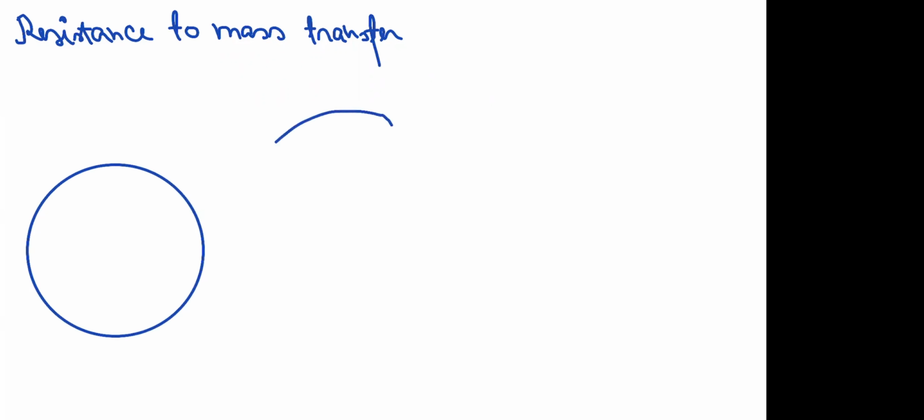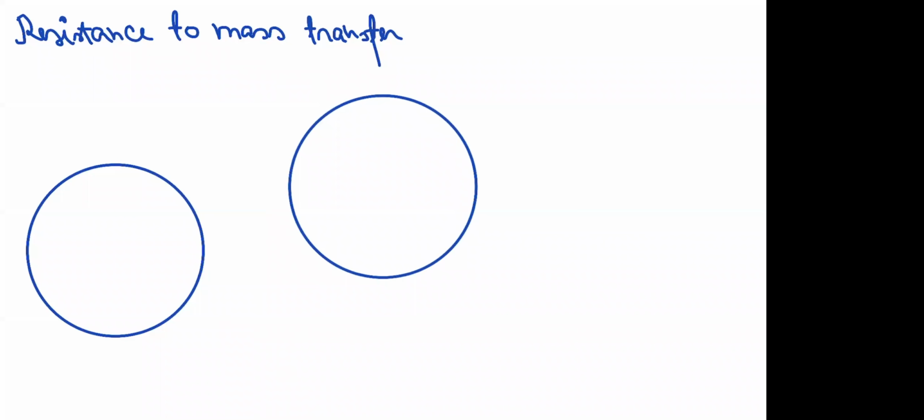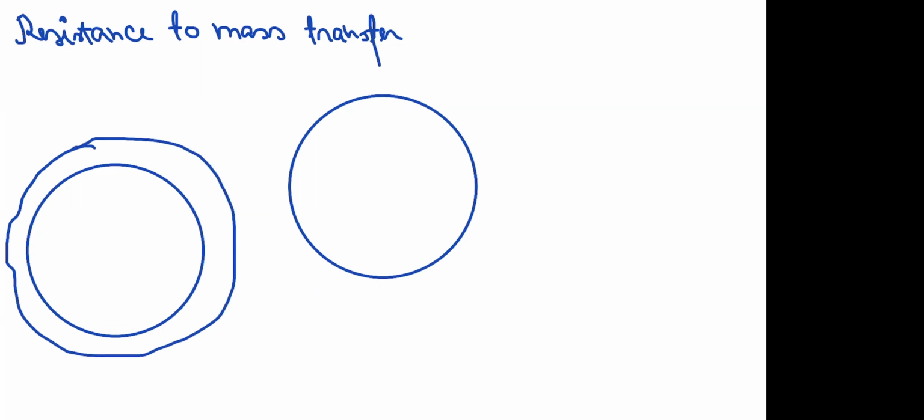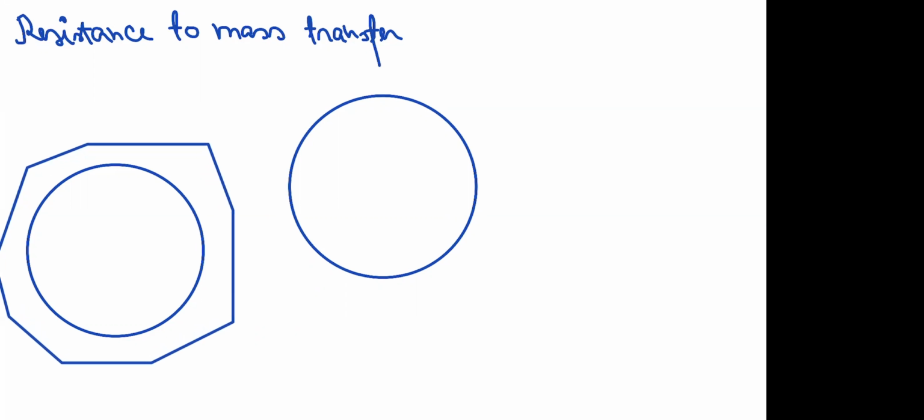So let me draw here a zoom in of two particles that are our stationary phase. And usually these particles are covered by the actual stationary phase. So they very often have an inert core, and then they have something like a more actual retention causing phase.